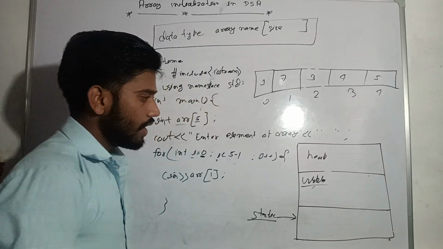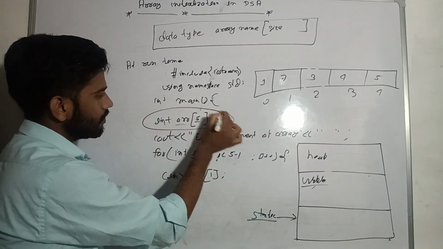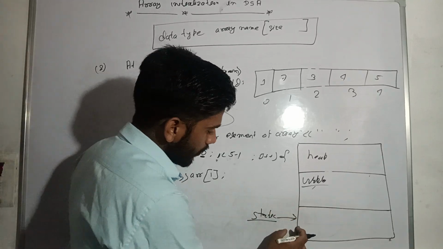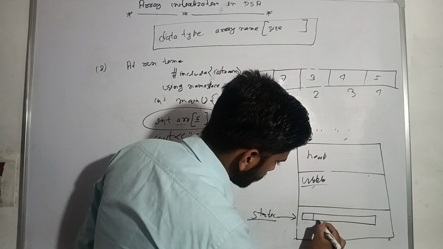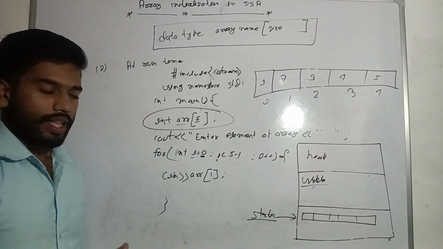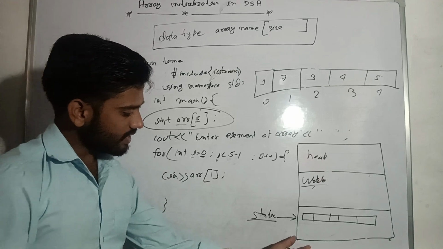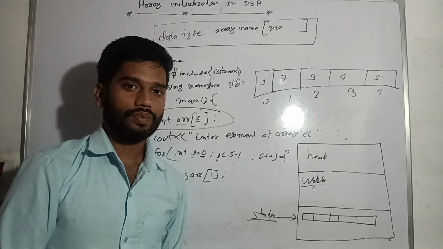Okay, when an array is declared, then in memory statically its size will be declared. When the size is declared statically in memory, then at runtime we can't change it. Okay.